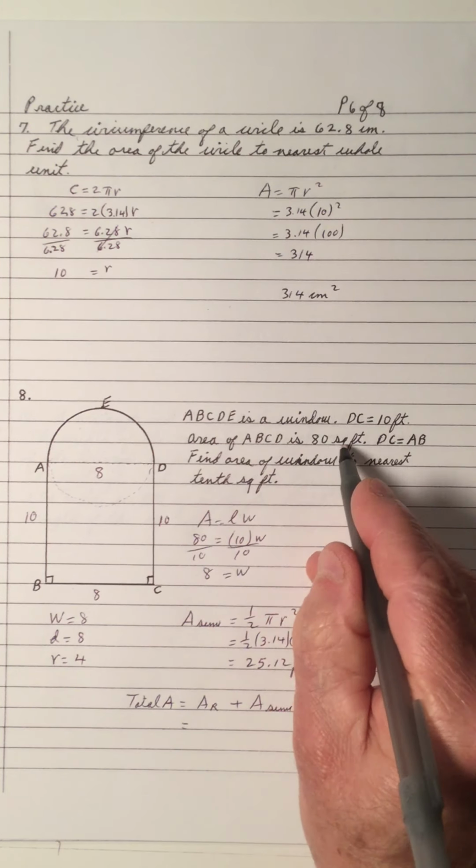Let's read on. The height of the triangle is 150% the width of the rectangle. So it's 150% of W. So it's 150% times the width.